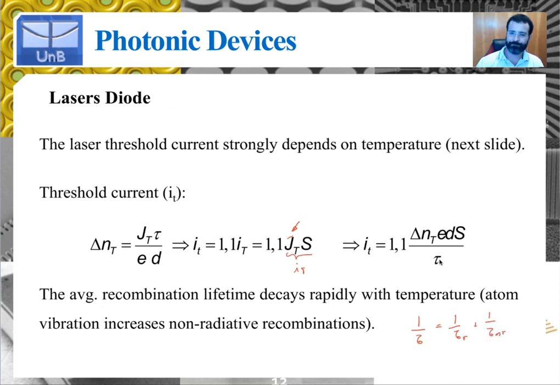So this is the radiative recombination lifetime, this is the non-radiative recombination lifetime. And what happens as you raise the temperature, right? If the temperature increases, the non-radiative recombination lifetime will decrease because the rate of non-radiative recombinations will increase.